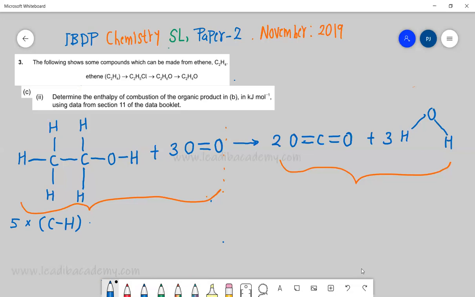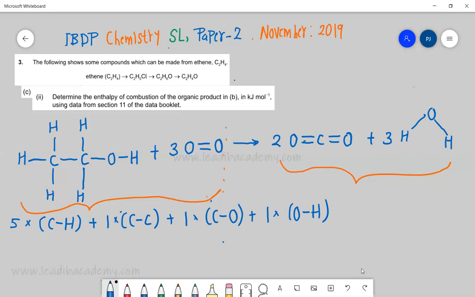Then there is 1 C-C bond between carbon and carbon. Then 1 carbon and oxygen, and 1 O-H. Simple.